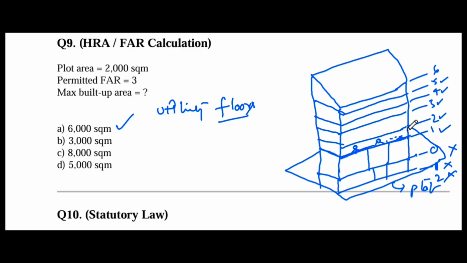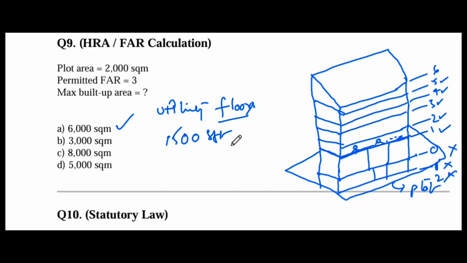Now this is the second slab. This also will be utilized, right? And a third one, fourth one, fifth one. The sixth one is the open roof, open to sky. The open to sky spaces are not considered because it is also a facility to cover the roof. People do not live there. The utility floors are only 5. Imagine each floor carries 1500 SFT, for example.